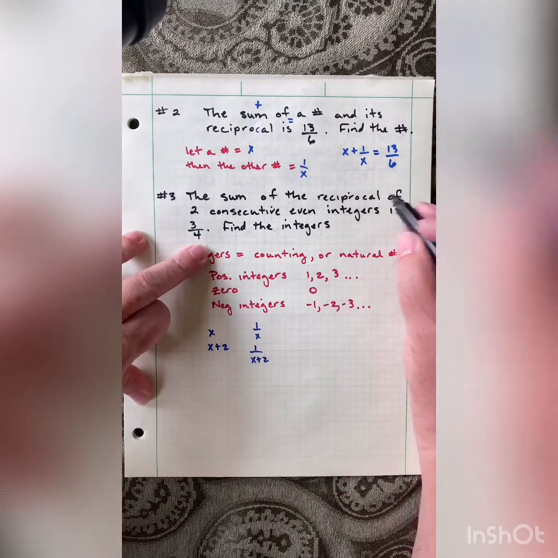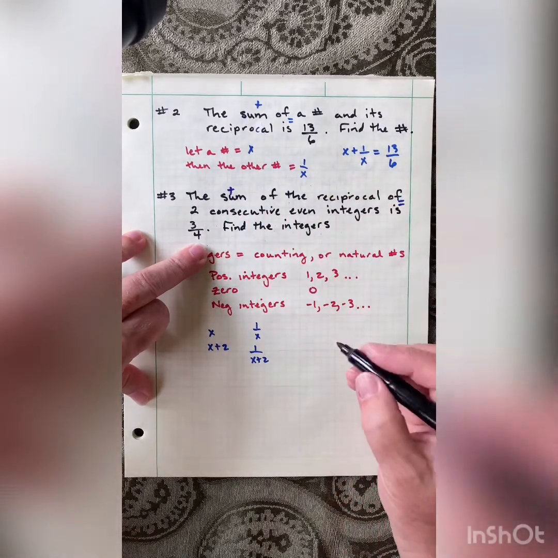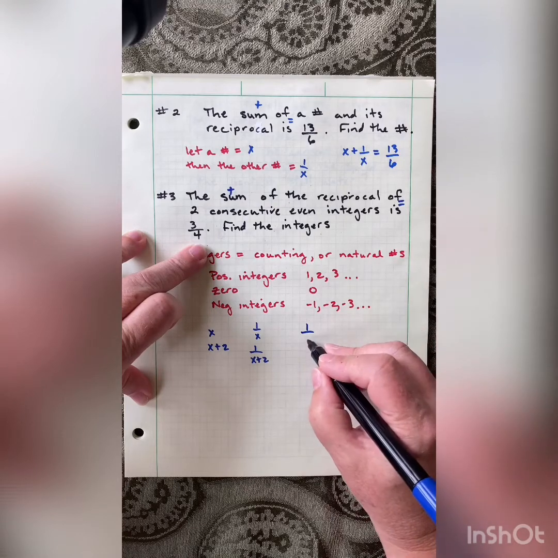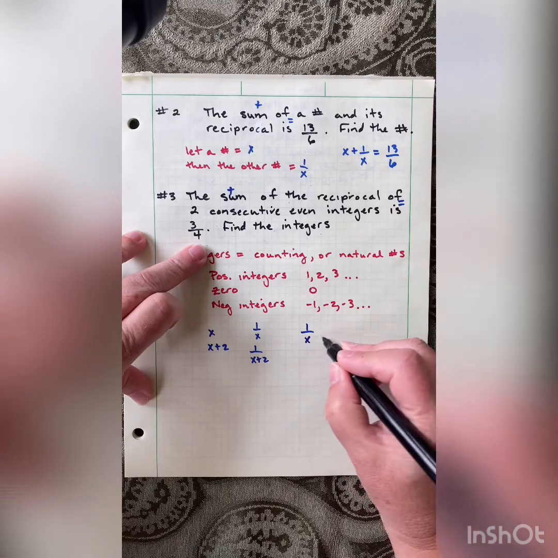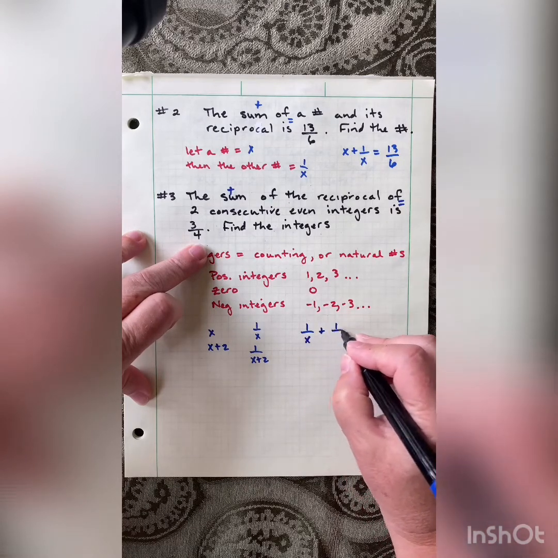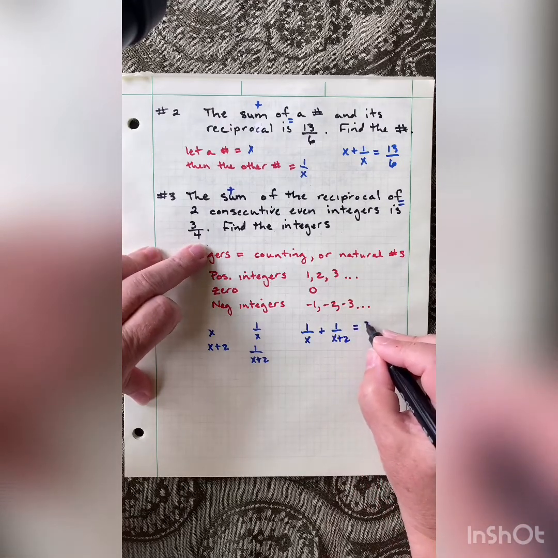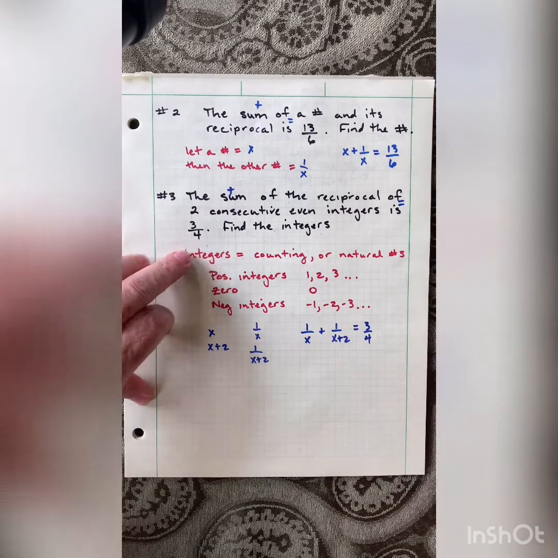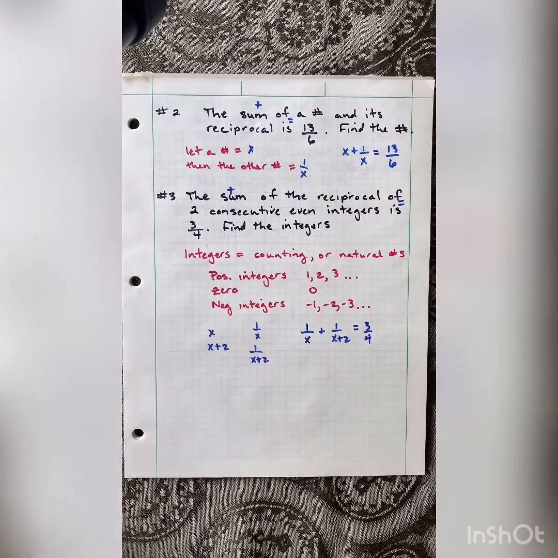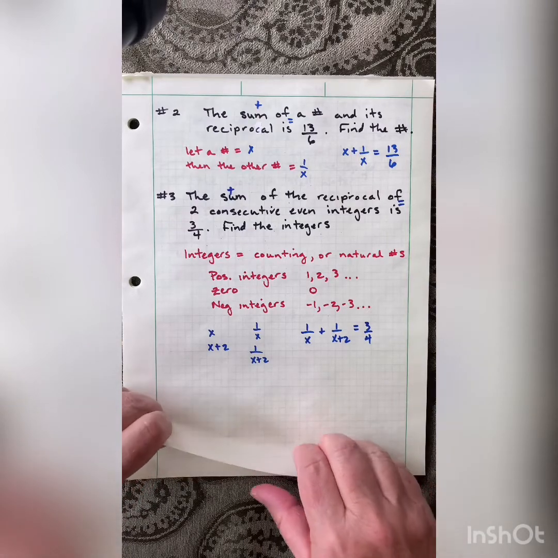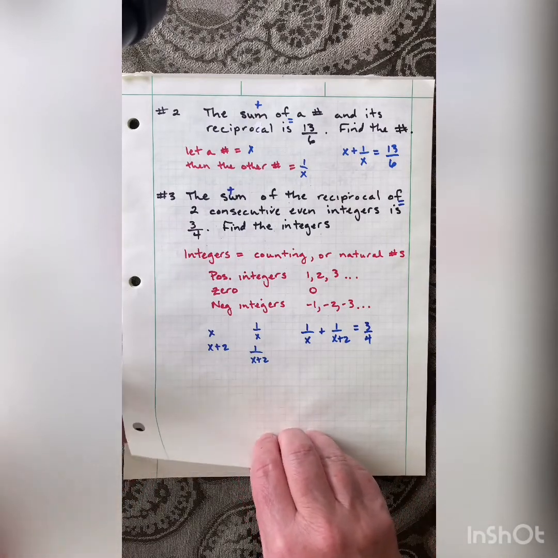So our equation is going to look like 1 over x plus 1 over x plus 2 equals 3/4. You guys take it from there, and the code word is going to be lilac.